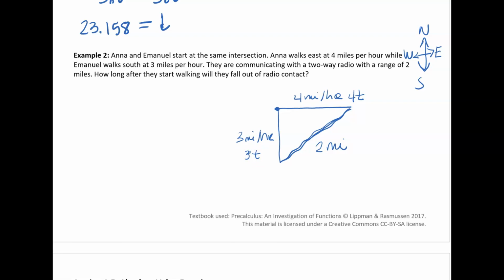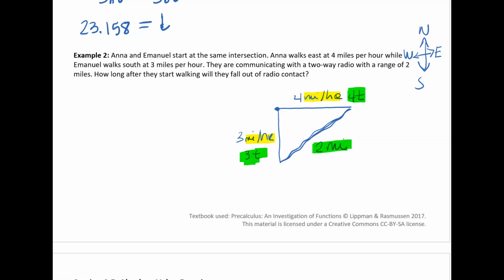Again, the same amount of time has passed, so we both call that t. 3t should be our distance as we're moving south. Again, these were rates, and so I had to figure out a distance. So now I have a distance on my east, a distance on my south, and I have a distance on that hypotenuse.